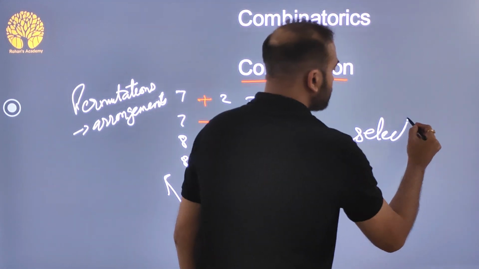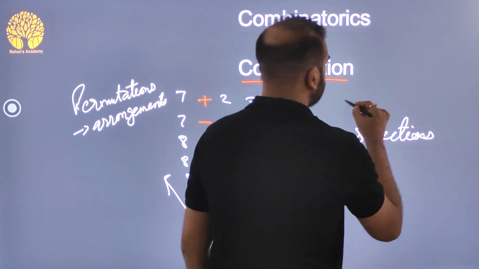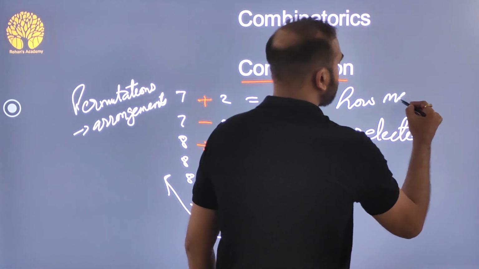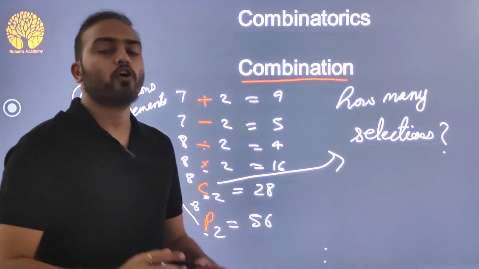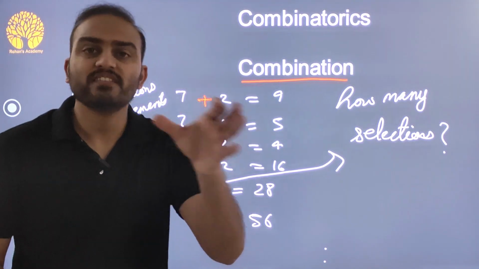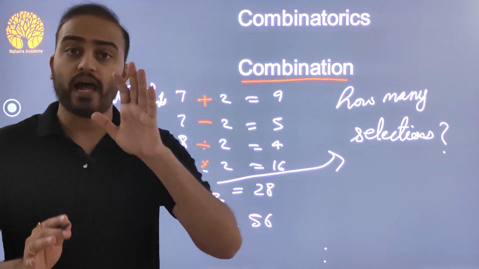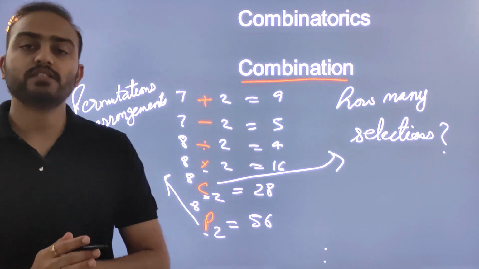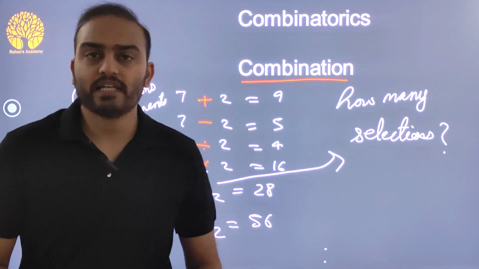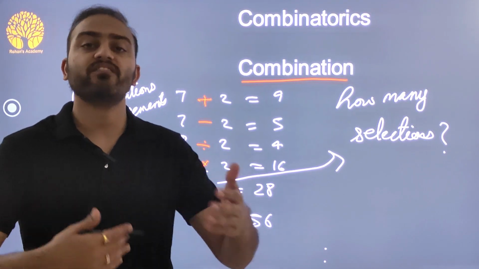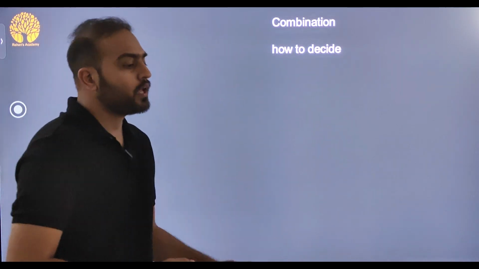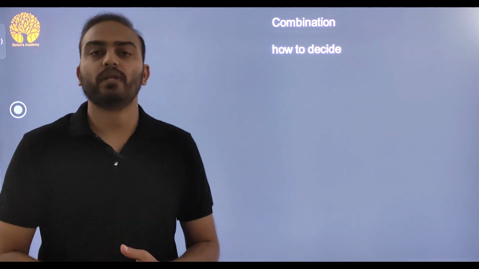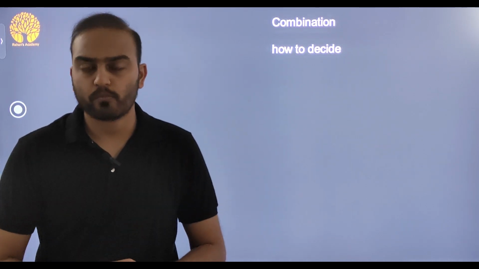Combination won't give you the selection itself, that you have to think, but combination will tell you how many possibilities are there, and how many ways you can select different things.